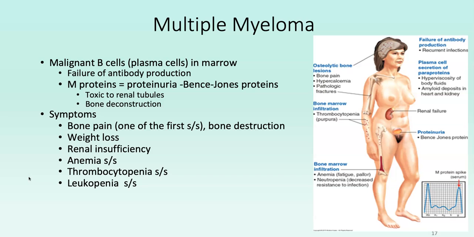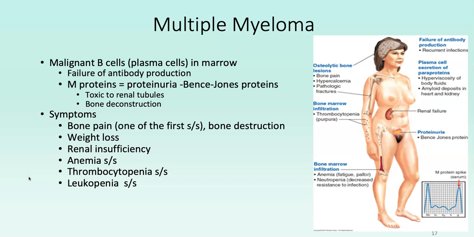We're going to see a proliferation of malignant cells in the bone marrow. You're going to see osteolytic or bone lesions throughout the skeletal system. And this is an unregulated production of abnormal monoclonal paraprotein referred to as the M protein.